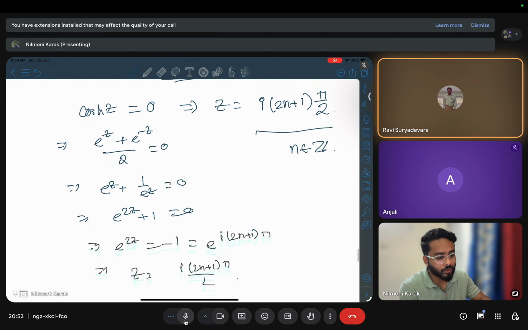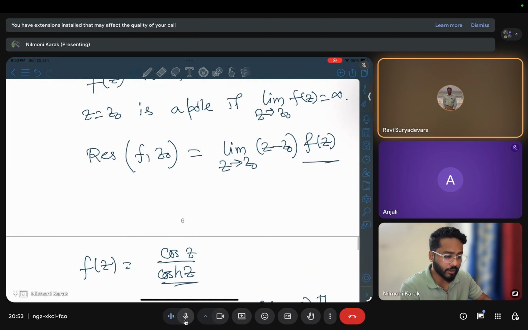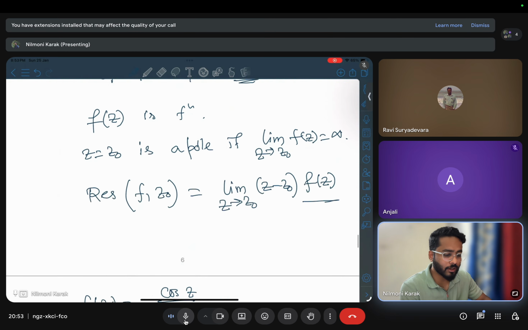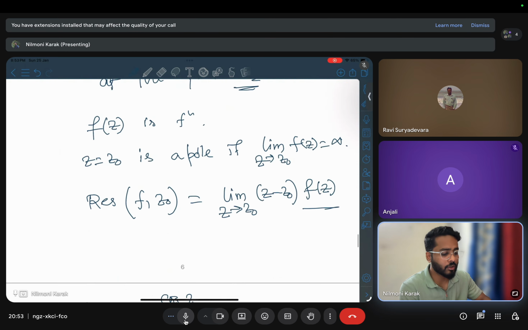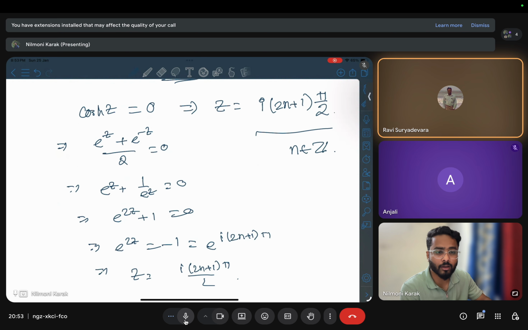I am saying you have to find the residue of f(z) at i pi by 2. So of course this is a pole. For n equals 0, you get i pi by 2, and this is a pole.